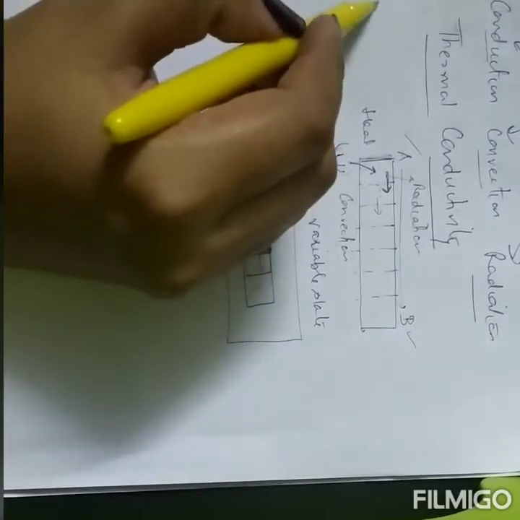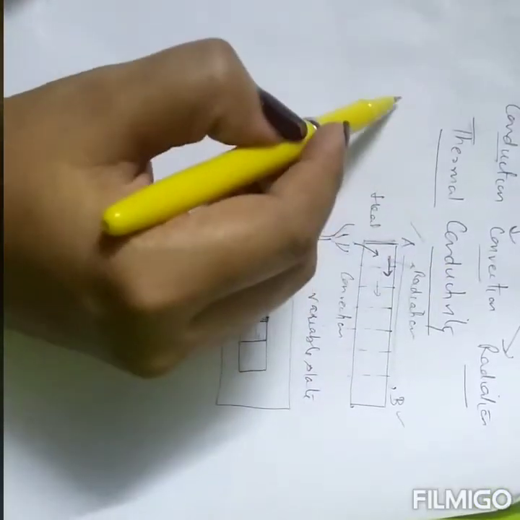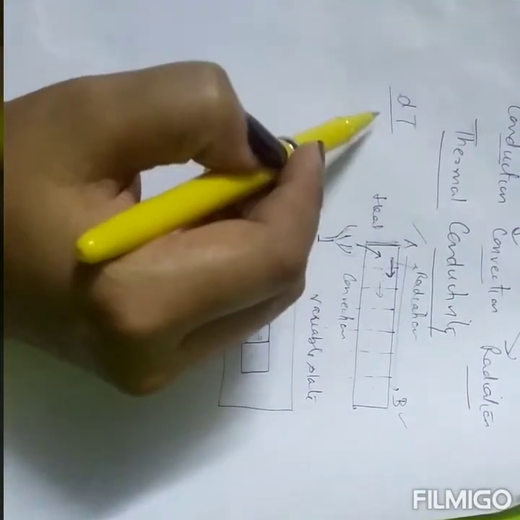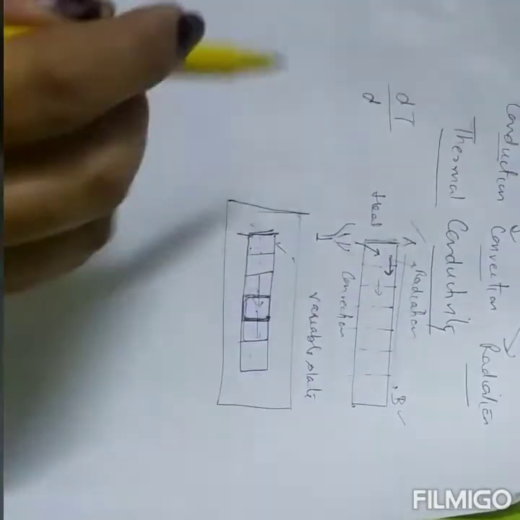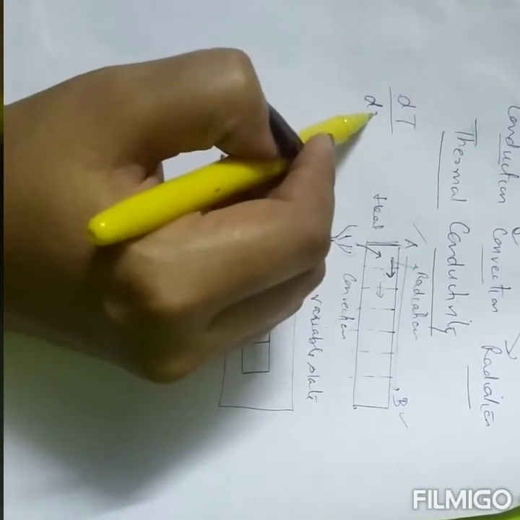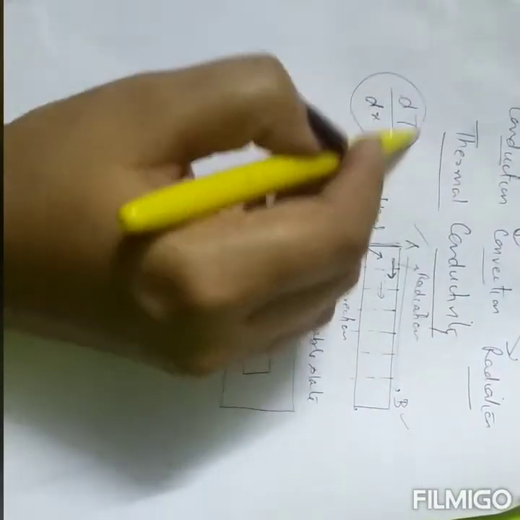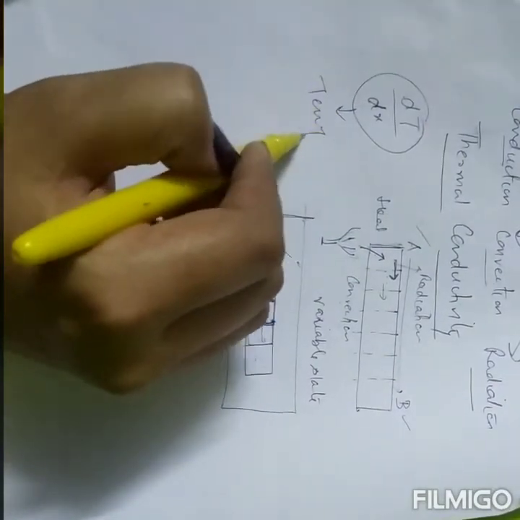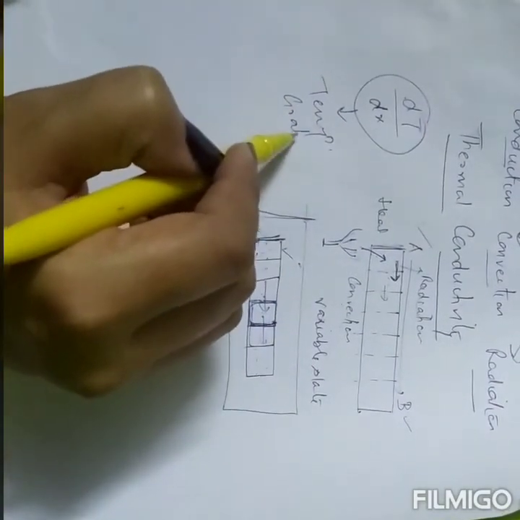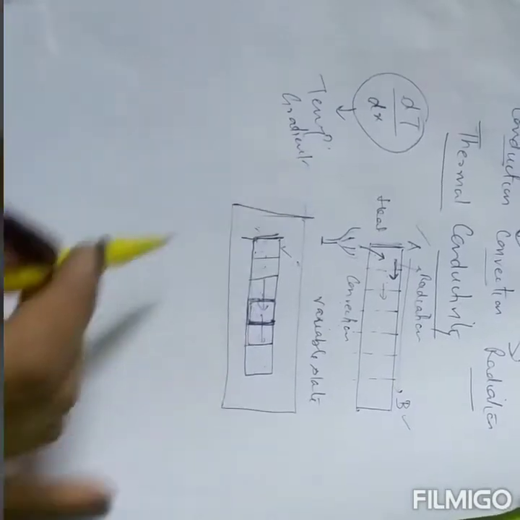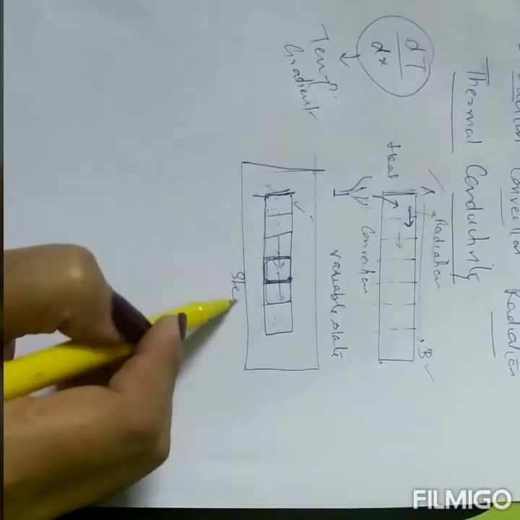This change in temperature per unit distance, dT by dx, is called the temperature gradient. And such a state of the rod is called steady state.